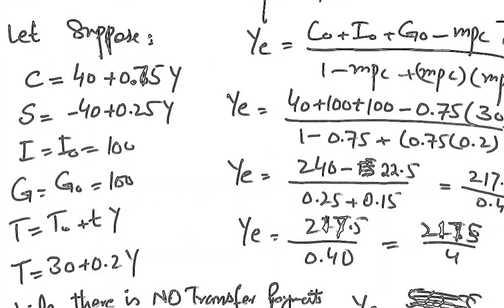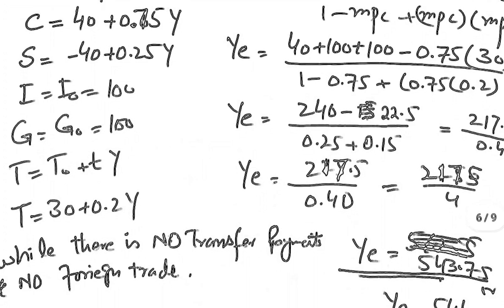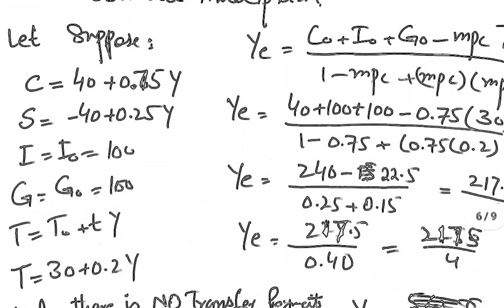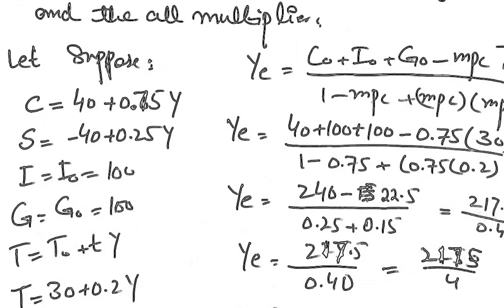Putting the values in the national income equilibrium formula we previously illustrated, we get the national income equal to 544 billion rupees.